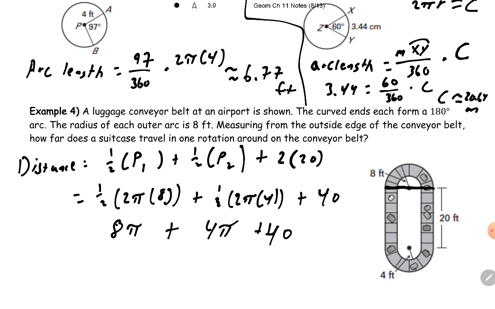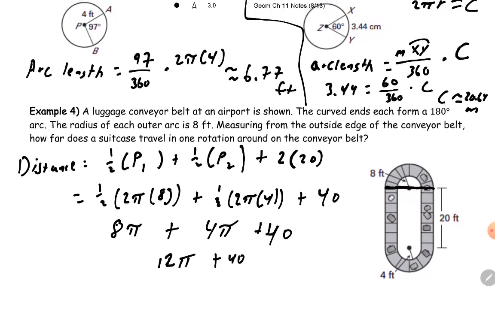Okay, and then we use our calculator. Oh wait, did I do that right? One half of 2 pi r. Yeah, that's right. So we'll have 12 pi plus 40.